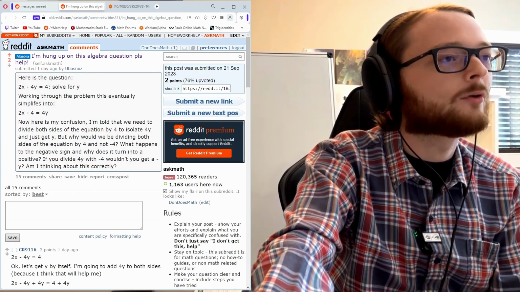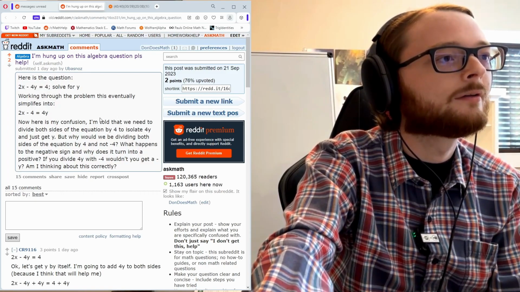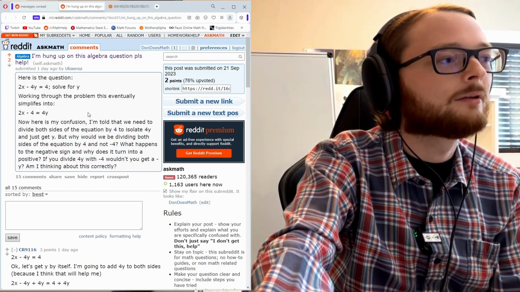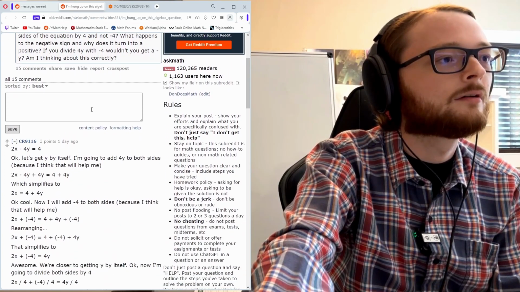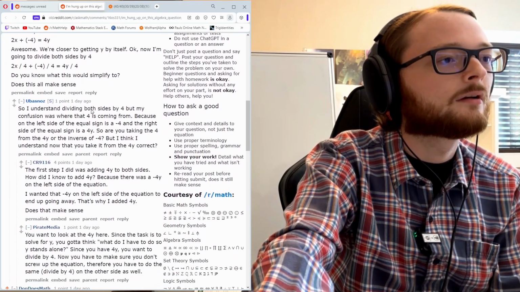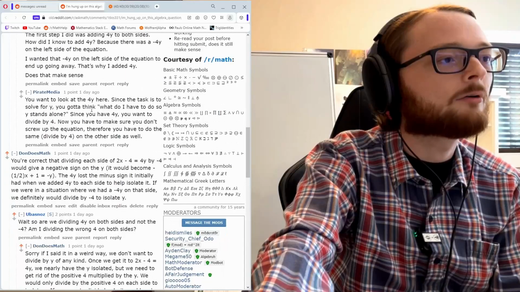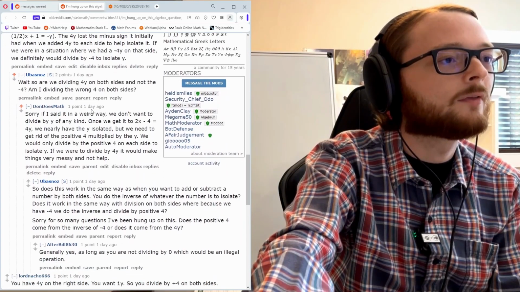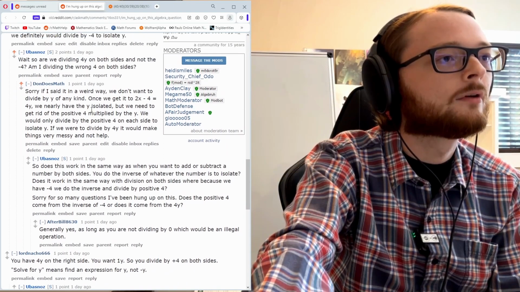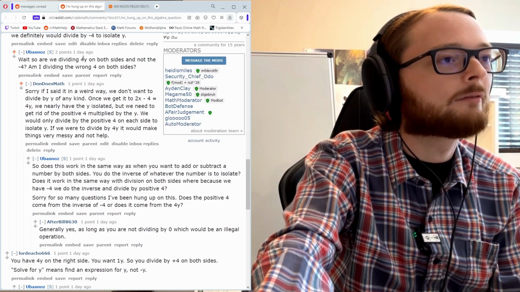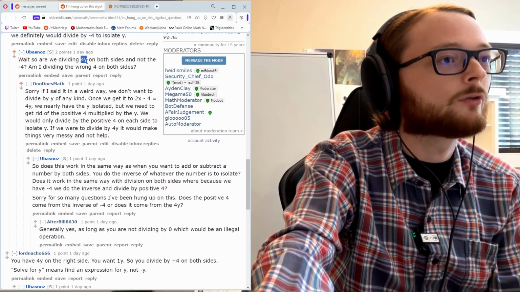Okay, so this person was just rearranging this equation for y. I wrote an answer, but I think I explained it poorly and they misunderstood, because they were asking if they should divide by 4y rather than just 4.